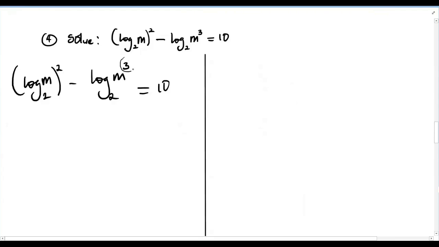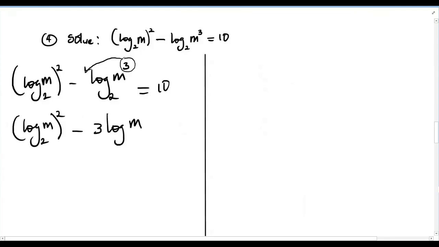Move this power to the back of what? This log. That's the first thing. So this is now the log of what? m base 2 to the power of what? 2, minus 3 times the log of m base 2, is equal to what? 10.